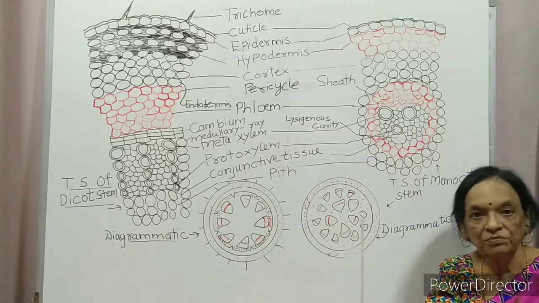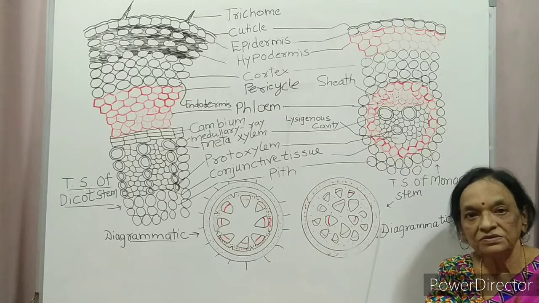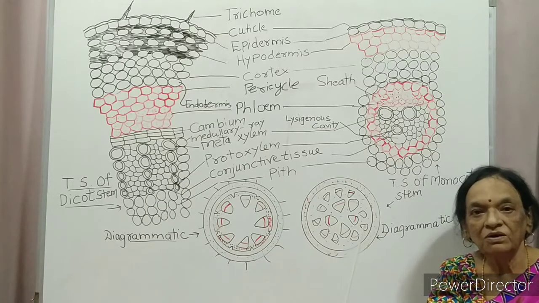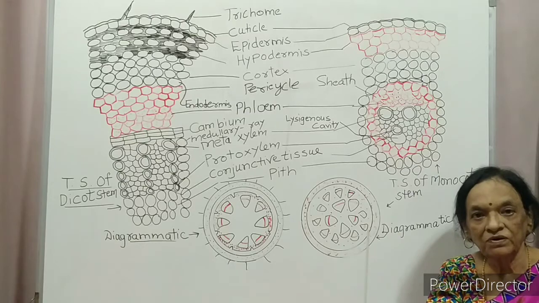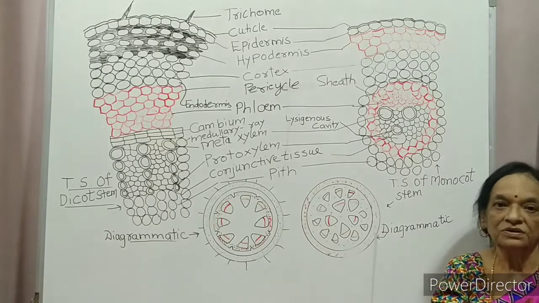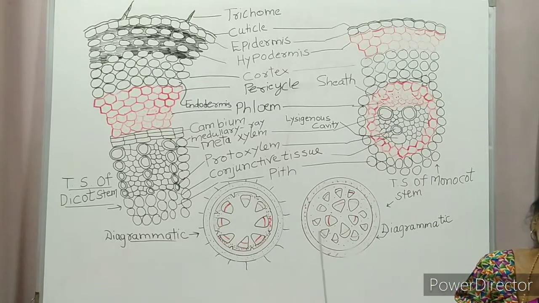These parenchymatous cells rupture the epidermis and form a lens-shaped opening called lenticel. This lenticel is for exchange of gases and for transpiration. So this is secondary growth in dicot stem.